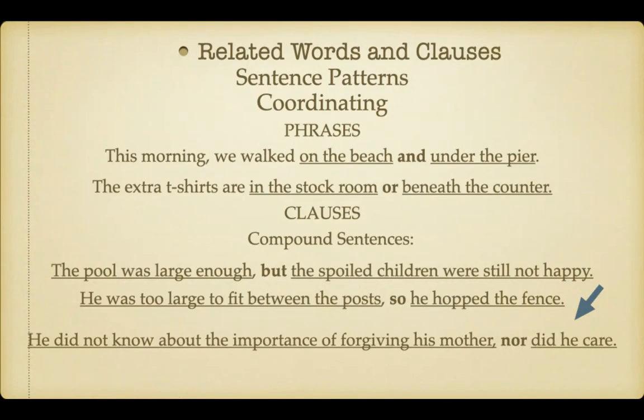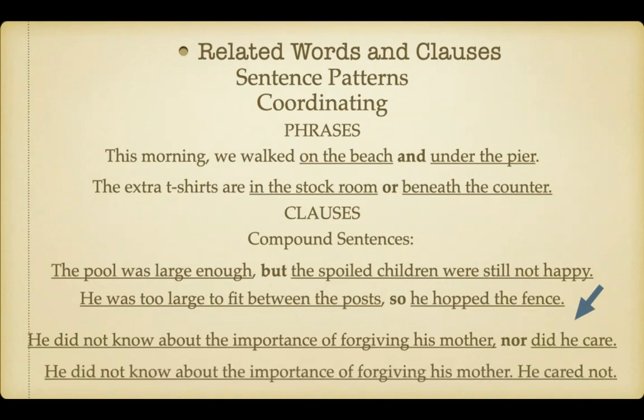This changes the sentence to something to the effect of, he did not know about the importance of forgiving his mother. He cared not. While it's true that these two independent clauses used as separate sentences work grammatically, in other words, they're fine as they are as two separate sentences, they just don't have the same effect as the compound sentence above them.